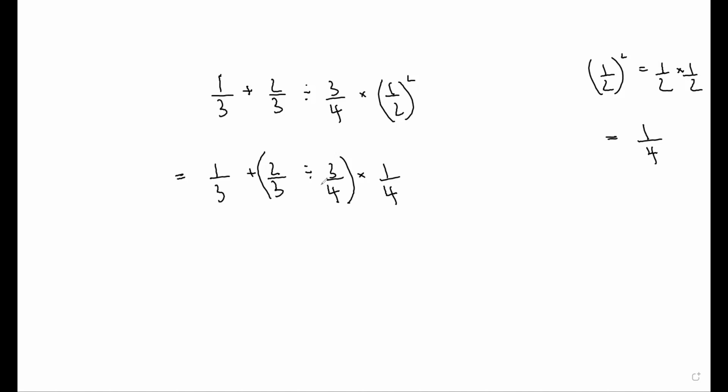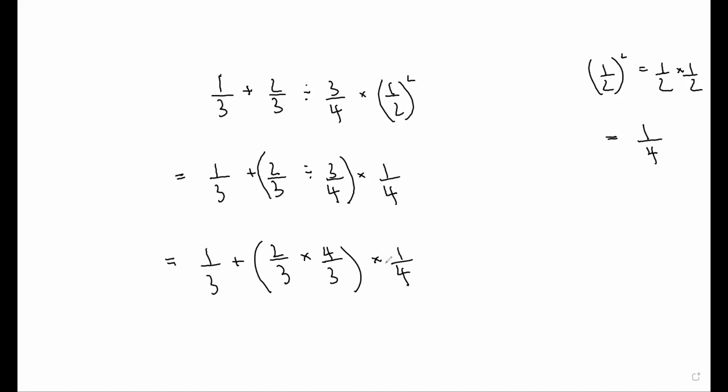So the 2/3 will stay the same, and then change it to multiplication, and then flip the other fraction so that it's now 4/3. So same way we always do it, and all the other numbers will just kind of hang out and stay the same. Plus bracket 2/3, change it to times, and flip the second fraction. And again, everything else is just gonna chill there and stay the same.